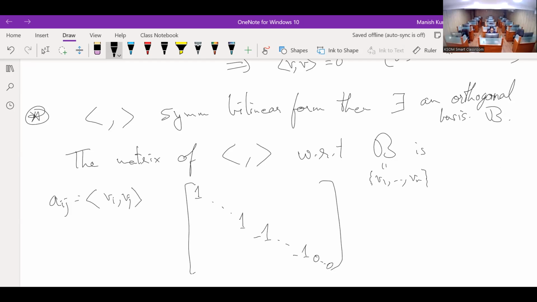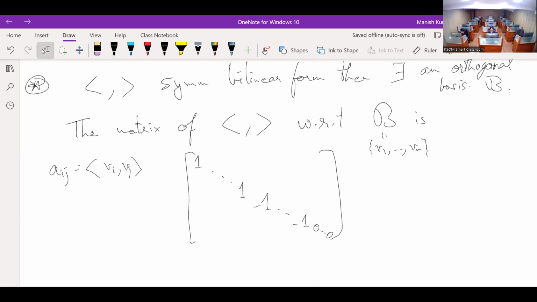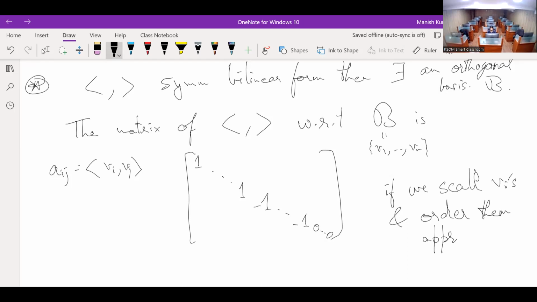This is how you can do it if we scale the Vi's and order them appropriately.